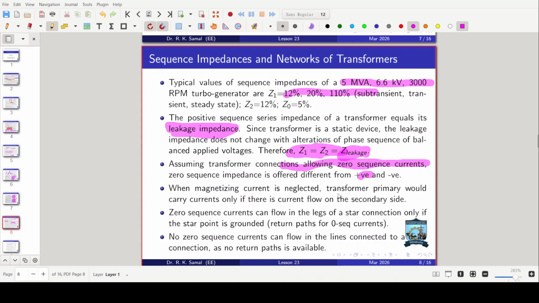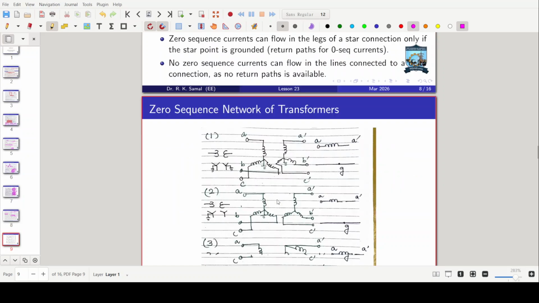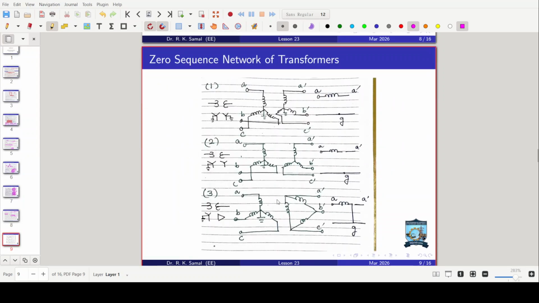When magnetizing current is neglected, the transformer primary would carry currents only if there is current flow in the secondary side. So the point to take from here is that the positive and negative sequence impedances of a transformer are equal to its leakage impedance, whereas the zero sequence impedance depends on the transformer connection. We will discuss these one by one.